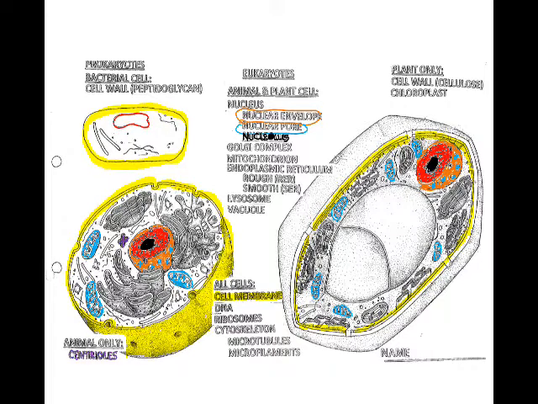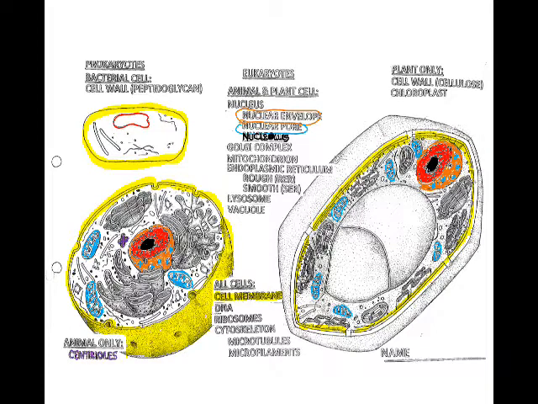And all of these tiniest little polka dots are ribosomes. And they're free floating. You can see them floating in the cytoplasm. You don't have to color every single little polka dot, but color enough that we can tell that there are some out there in the cytoplasm.